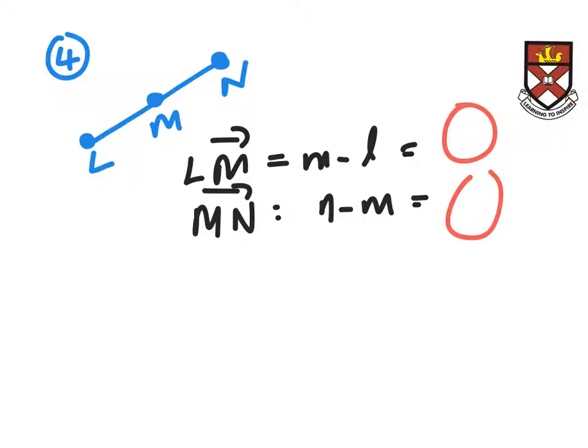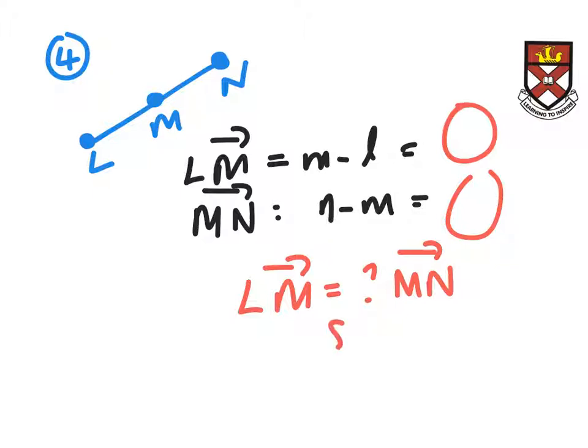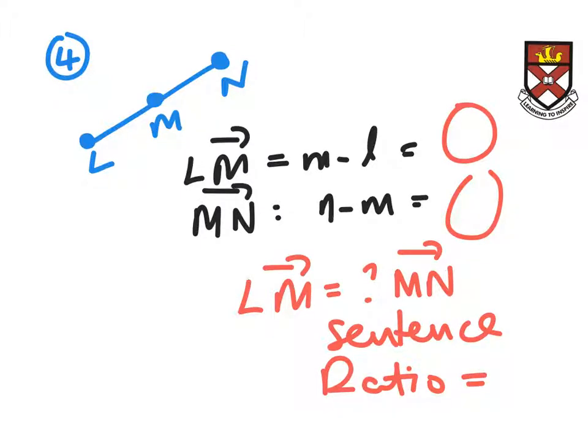Okay, you'll be able to say something like vector LM is some number times MN. Remember and write your wee sentence here about being parallel and such like. And then lastly, that number in the front is actually going to give you your ratio. Okay, check your notes. You've done one like that and the notes are very similar.